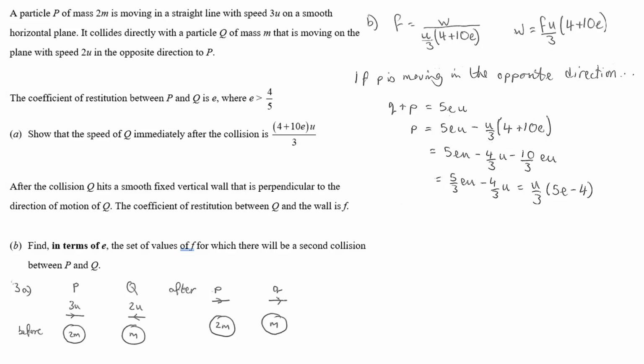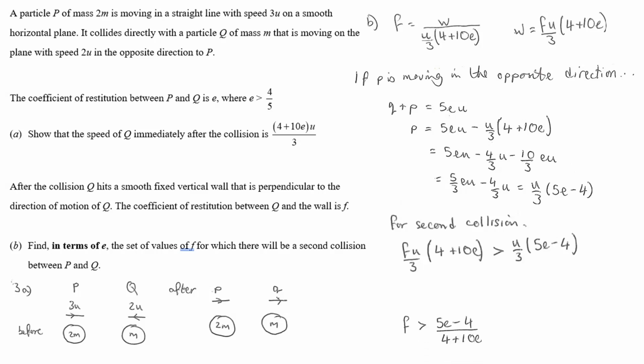Now, if P is moving to the right and Q has just rebounded off the wall and is following it, and it's going to collide, we want the speed of Q to be faster than the speed of P. Otherwise, P is just going to get away from Q. I just simplified that, divided by 4 plus 10e, multiplied both sides by 3, and I got that e is greater than that.